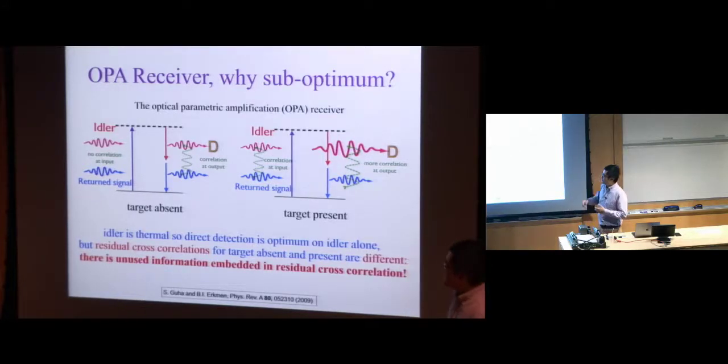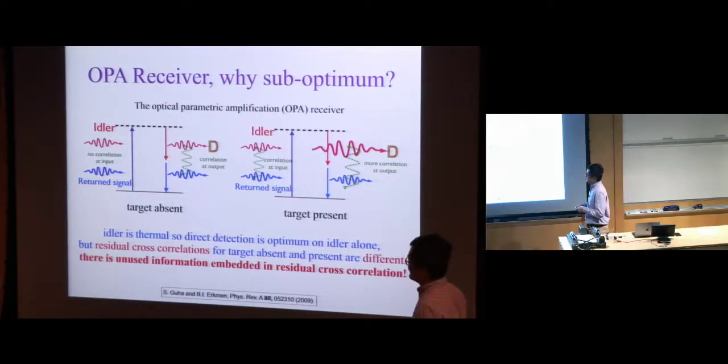But this OPA receiver only allows you to achieve a 3 dB improvement. So you are almost halfway between classical and the optimal quantum performance. And we were asking ourselves, where did the rest of the 3 dB go?